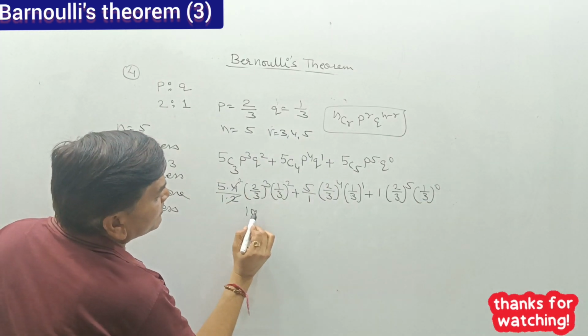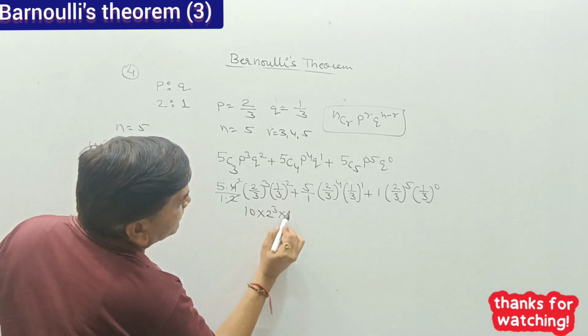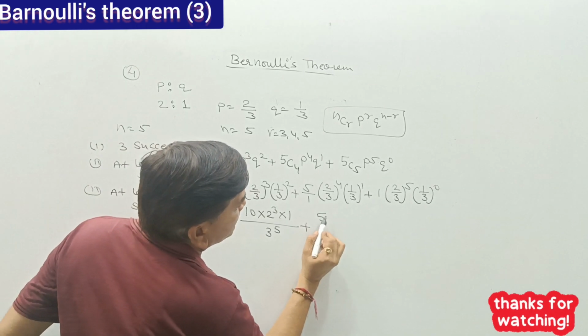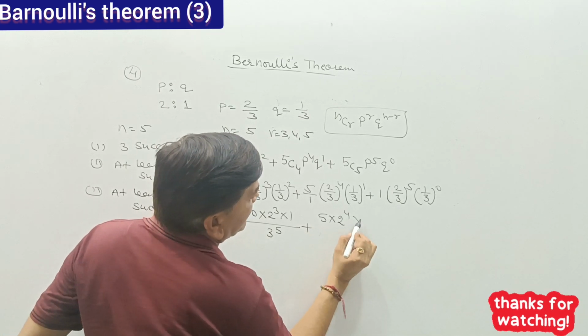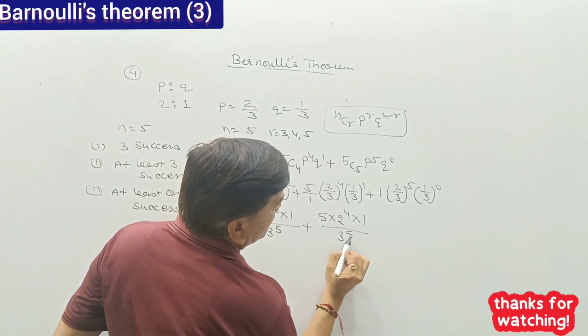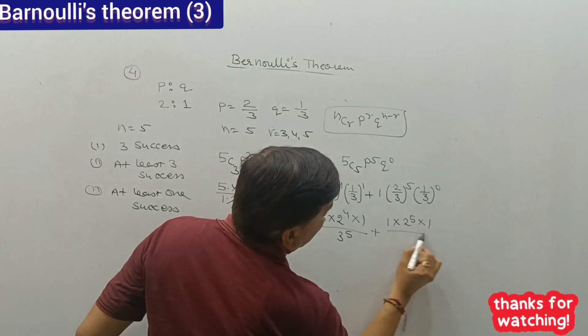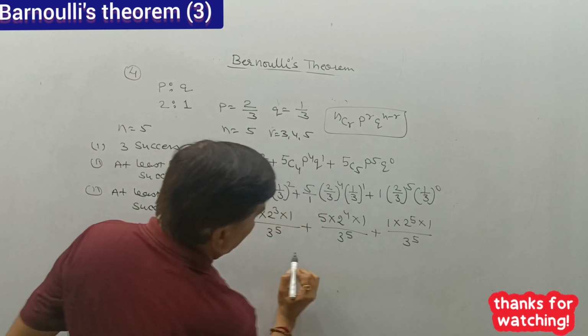So that is 10 multiply 2 raised to power 3 multiply 1 upon 3 raised to power 5 plus 5 multiply 2 raised to power 4 multiply 1 upon 3 raised to power 5 plus 1 multiply 2 raised to power 5 multiply 1 upon 3 raised to power 5.